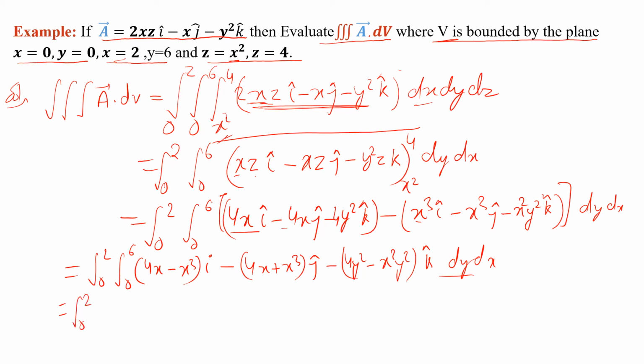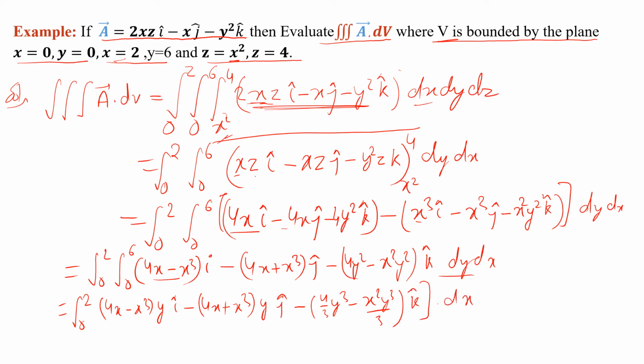So 0 to 2, that would be (4x − x³y) i + (4x + x³y) j, and minus that term we get y³/3, so we write (4/3)y³ and x²y³/3 k, and dx, we apply the limit 0 to 2.